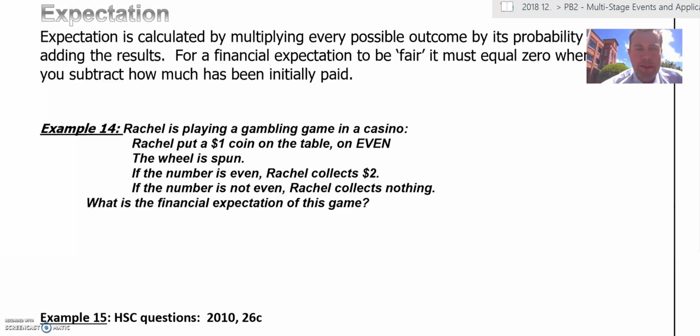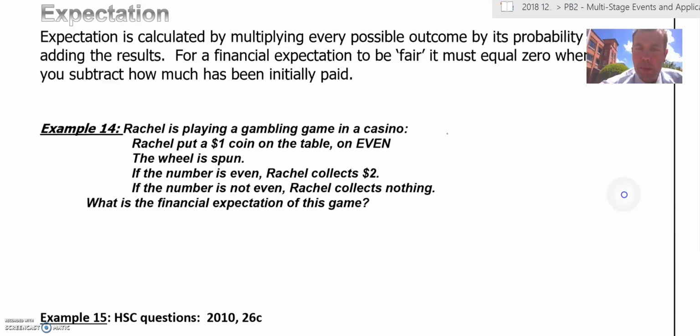I think the best way to do this is to look and see how it works out. Now we've got this thing here. We're spinning a wheel. Let's say there's a 50% chance of landing on even or 50% on odd.